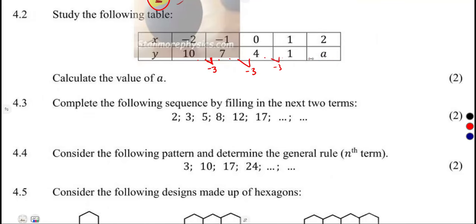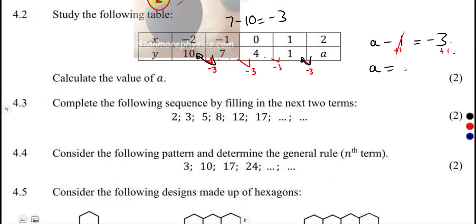So if we add -3 to this one, you are going to obtain the value of a. You must obtain a difference of -3, so if we say a minus 1, just like what you have here, 7 minus 10 gives us -3. So if we say a minus 1, we must obtain -3. So what is the value of a? You take this -1 to the other side, or simply add 1 both sides.